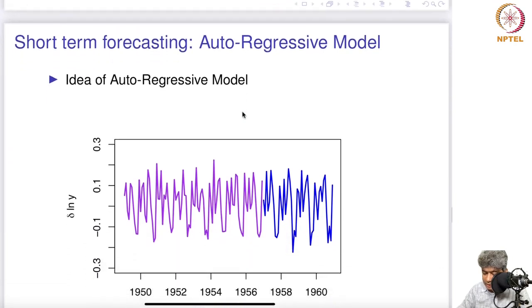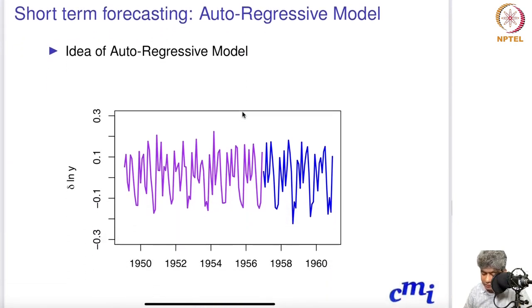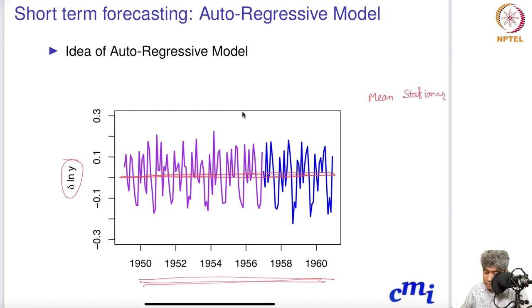So what is the idea of the autoregressive model? If you plot this delta of log y over the time horizon of 1950 to 1960, you will see that these differences are essentially mean stationary, stationary at 0.